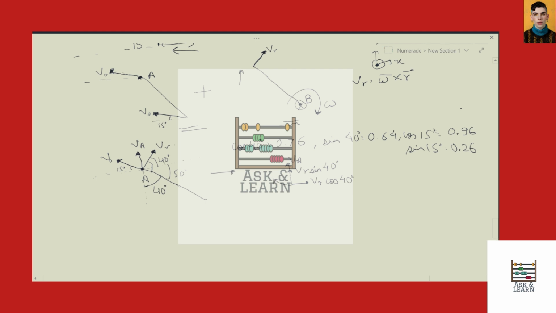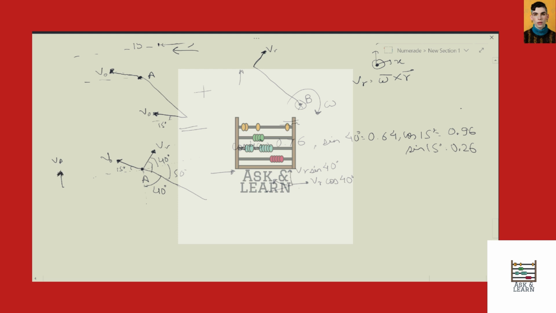VA is basically going to be coming from V naught plus VR, so we actually don't need to write this VA here. This was just to indicate that VA is going to be along this direction.